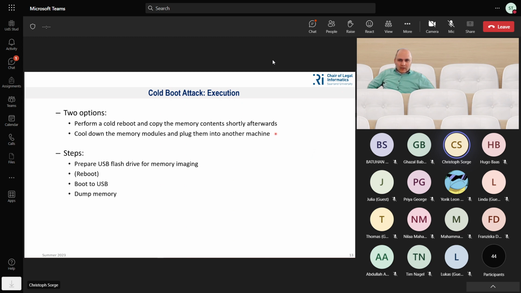Cooling down the memory modules, removing them, plugging them into another machine. No idea?